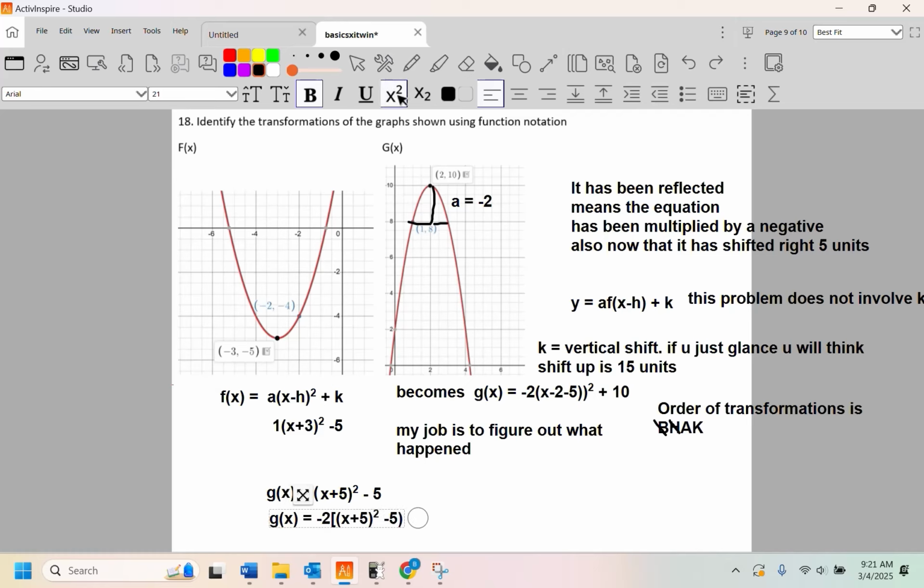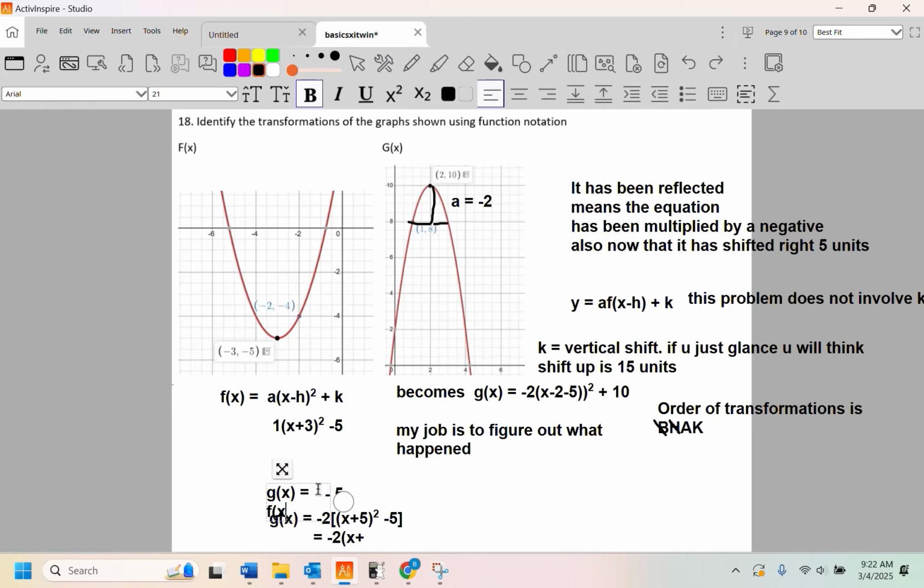And then I'm going to distribute it. I don't know why I wrote +5. Oh, I know why I did that. This is me being tired, not thinking.